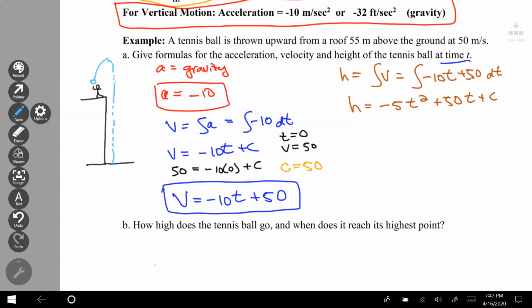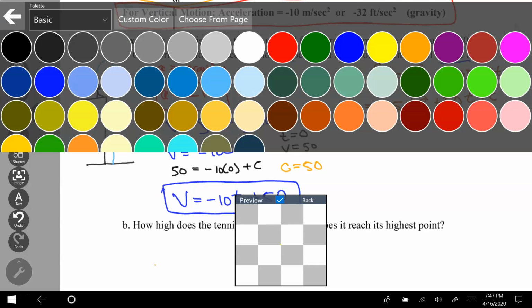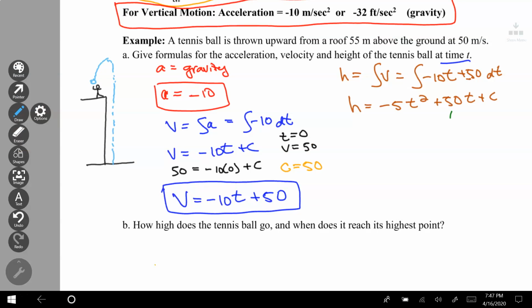plus c. Do we have an initial condition? Absolutely we do. When t equals 0, my initial height is 55. That's how high it's off the building. So 55 is equal to -5 times 0 squared plus 50 times 0 plus c.